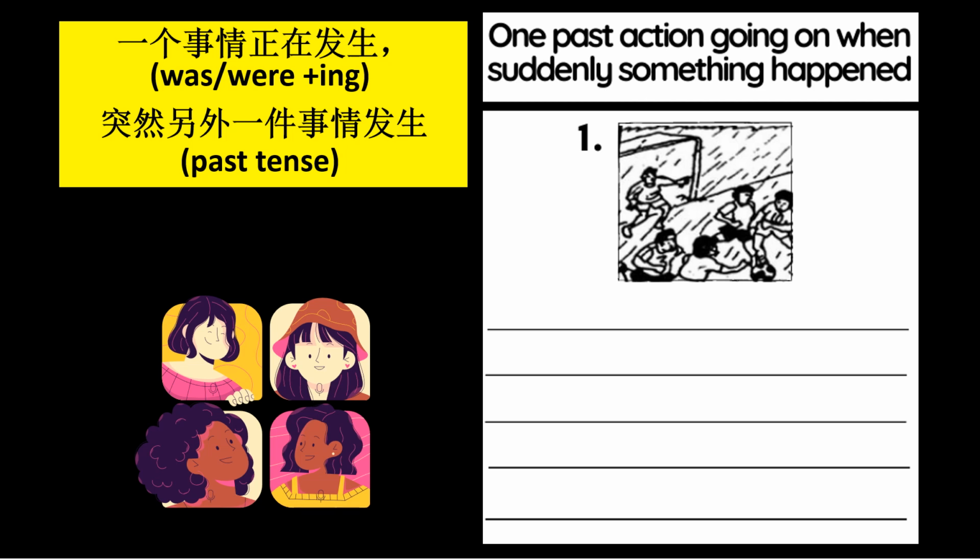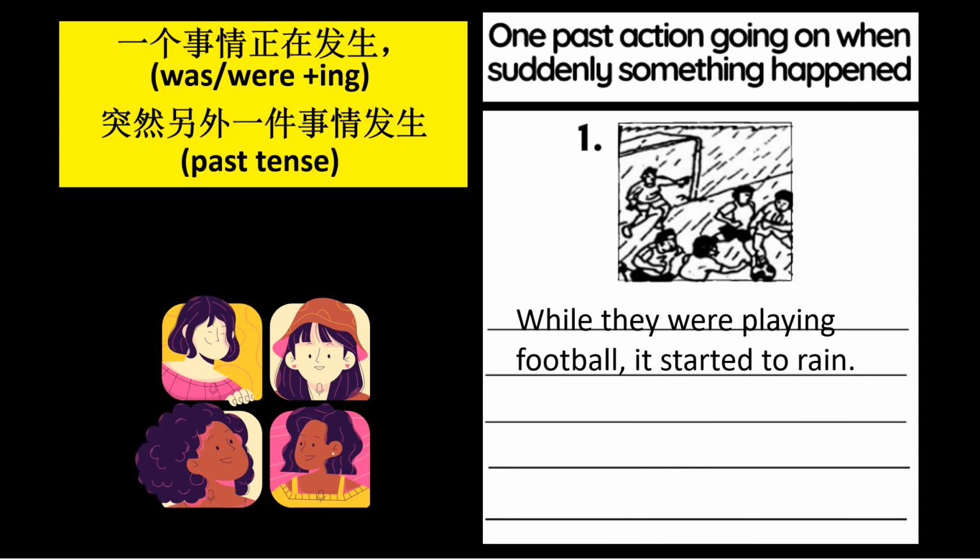So what is that? 突然间发生是什么？下雨，开始下雨了。So when you write this sentence, you need to write this way. While they were playing football, it started to rain. 记住 was, were, ing 正在就是 were playing，突然间的那个是 past tense, started to rain.